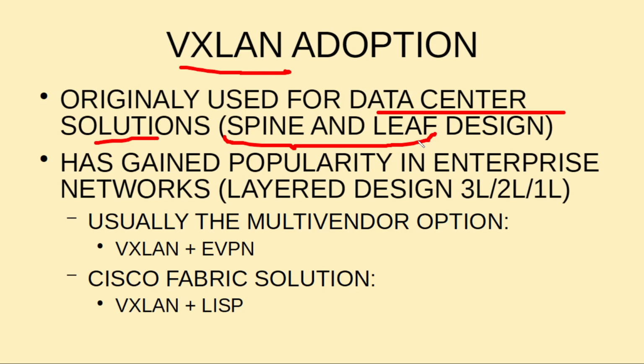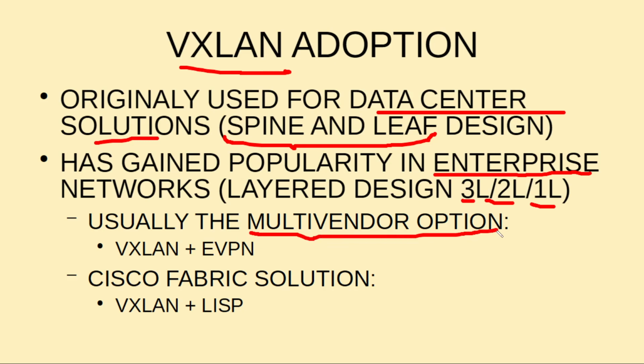However, VXLAN is also gaining popularity within enterprise deployments. If you do so, you can go and use it with traditional topologies such as the 3-tier, 2-tier, and 1-tier topologies.